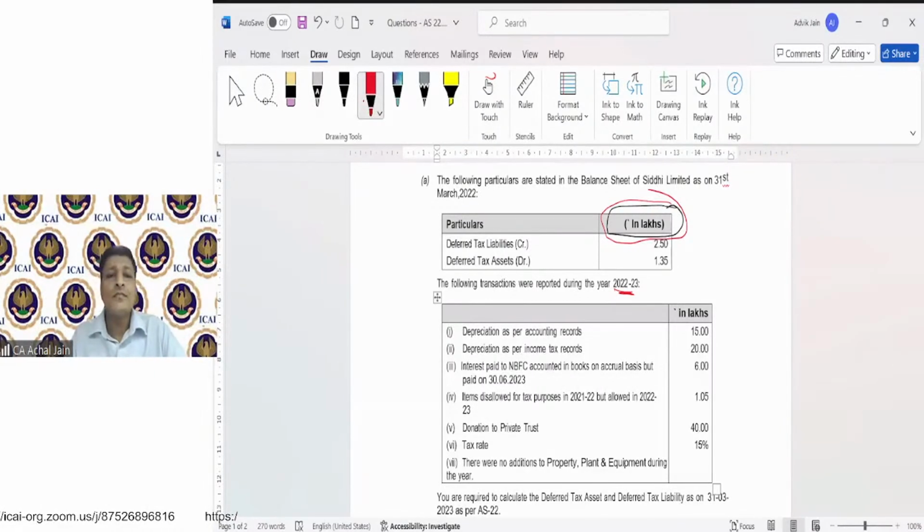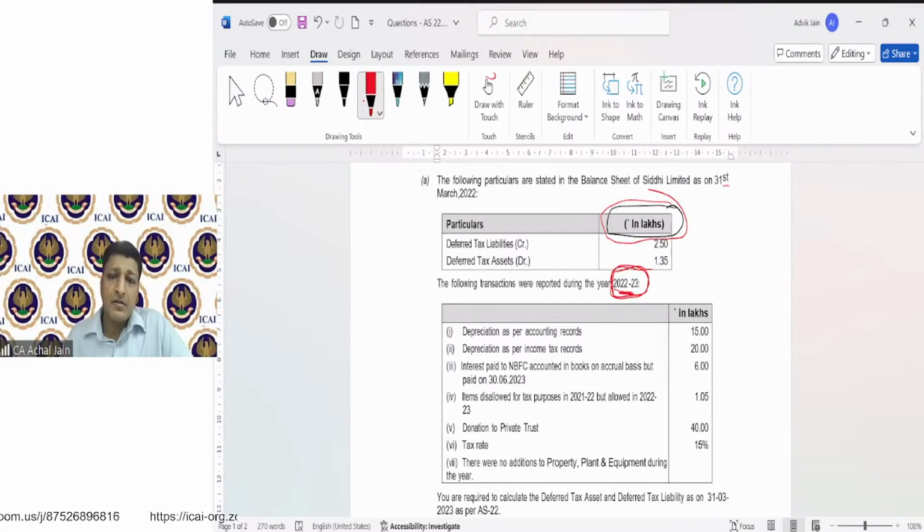Items disallowed for tax purposes in 2021-22, but now allowed in 22-23. So please remember, we are talking about 22-23. This is our reporting year.